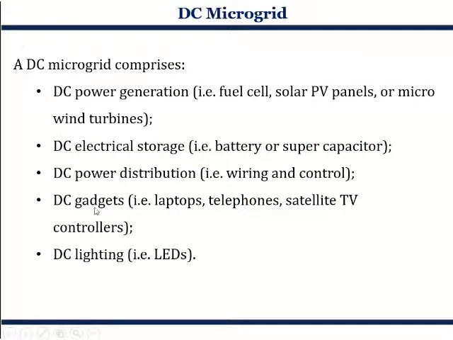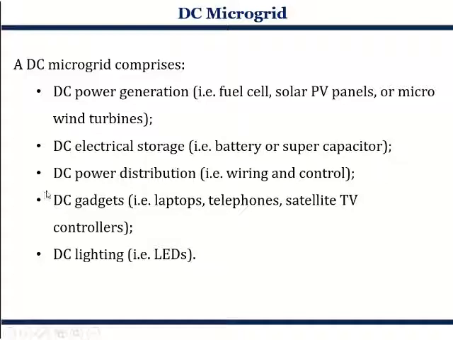As we have seen in the earlier pictorial representation, the DC microgrid comprises, first of all, the generation part, that is DC power generation. You have seen there were fuel cells, solar PV panels, or micro wind turbines. Then you have also seen the DC electrical storage, that is batteries and supercapacitors.